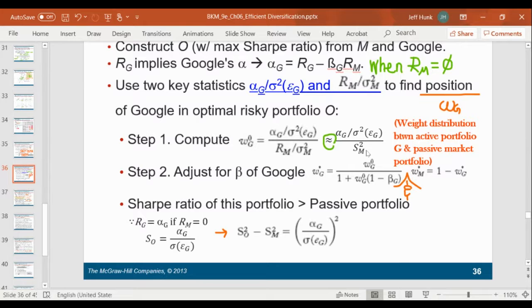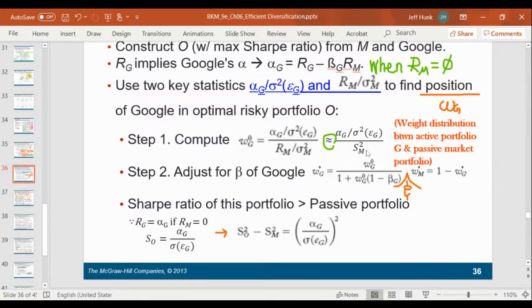Of course, if the ratio between Google and the passive portfolio is greater than 1, obviously Google has superior alpha. Then you might wonder, why don't we all put all the money into Google?